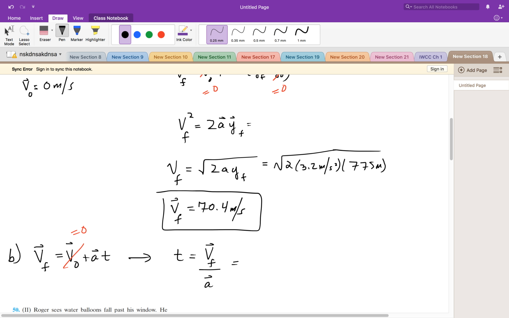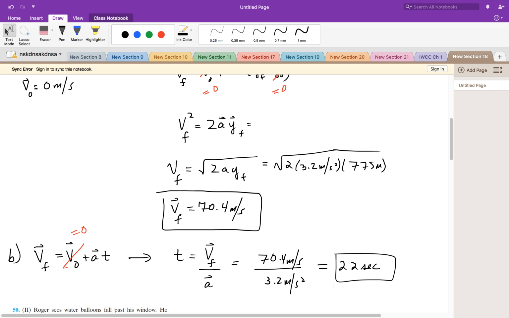Now that we have v final, 70.4 meters per second, over our acceleration of 3.2 meters per second squared, that's 70.4 divided by 3.2. It's 22 even. So it takes 22 seconds for this to happen.